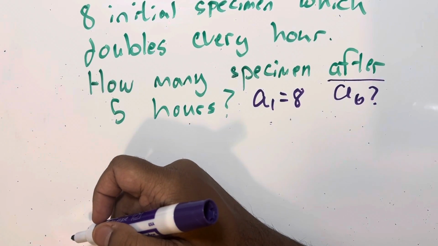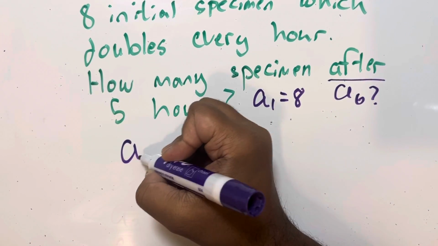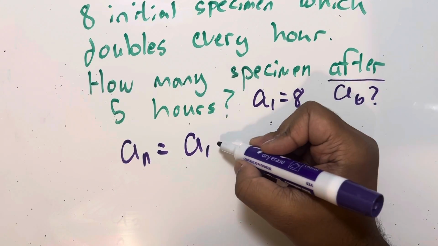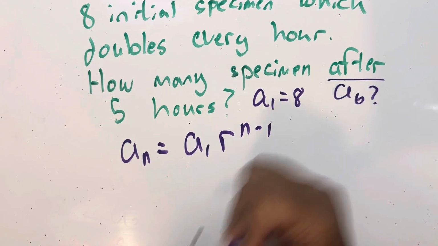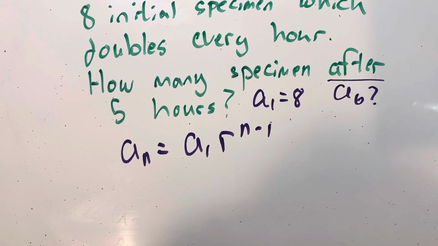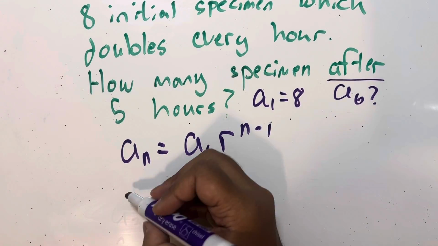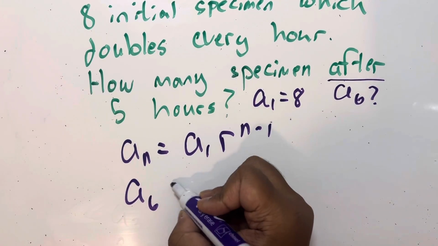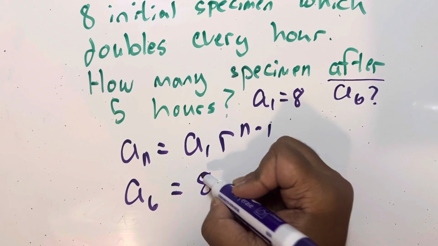What was the formula again? a of n equals a of 1 times r to the n minus 1. So I'm looking for a of 6. a of 6 equals a of 1, which is 8.